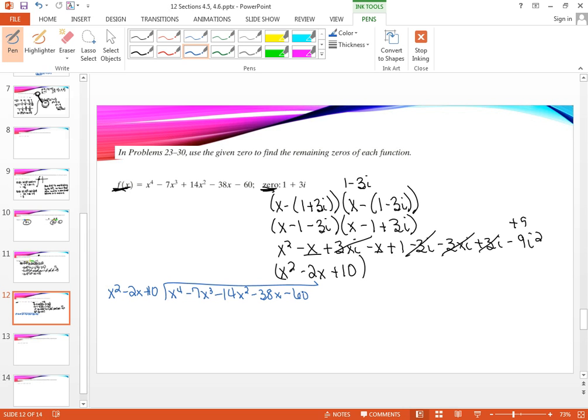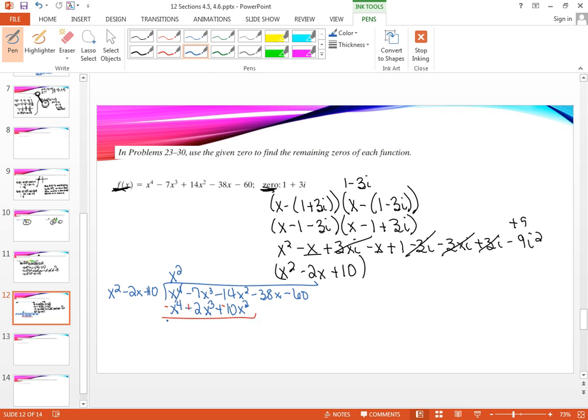Remember, go first term into first term. X squared into x to the fourth goes x squared times. Multiply. X squared times x squared is x to the fourth. X squared times minus 2x is minus 2x to the third. X squared times positive 10 is plus 10x squared. Subtract. Change the signs.